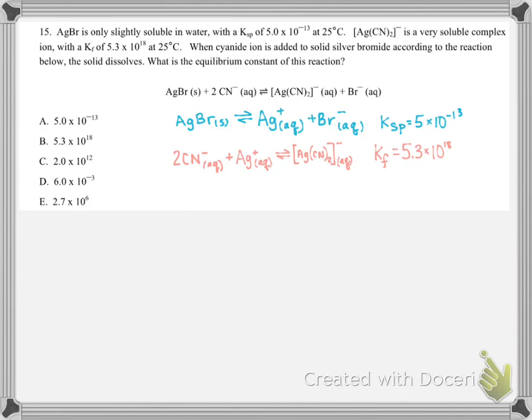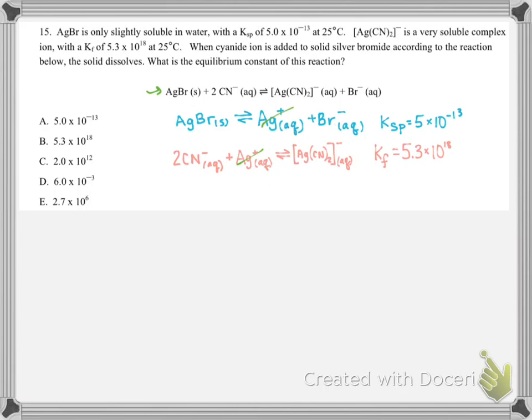We know Ksp is always the solid breaking up into ions, whereas Kf are the ions coming together to form that complex. And so when we write these out, then we can start to see how, as is, Ag+, which isn't in our above reaction, cancels out.